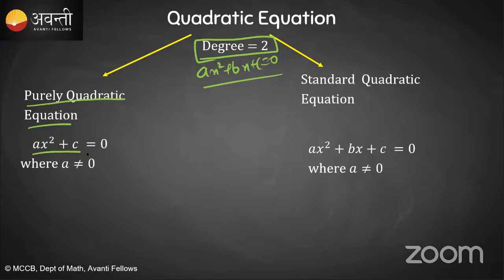That means you will only see x square in the variable part and nothing else. And the standard quadratic equation is ax square plus bx plus c is equal to 0. And of course a is non-zero because it is a quadratic equation, right? So in a purely quadratic equation the coefficient of x is 0, and the standard quadratic equation is of the form ax square plus bx plus c equal to 0.